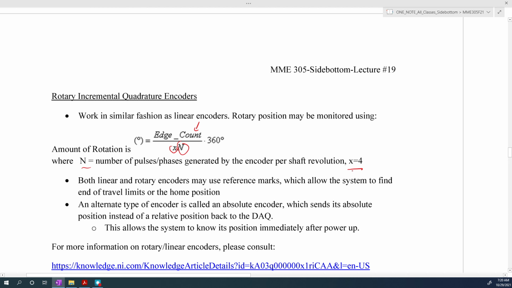That is essentially a fraction of the revolution traveled, and it is then multiplied by 360 degrees to get the amount of rotation.